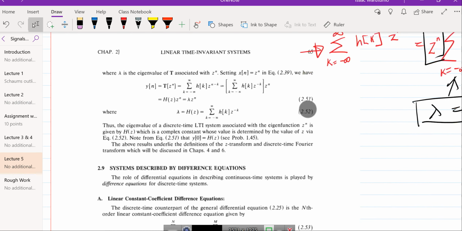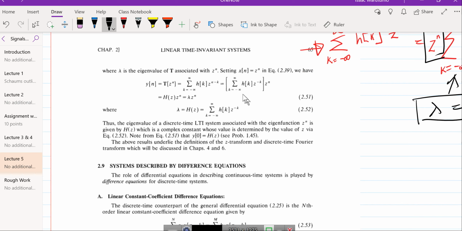From that point, we can express this as our lambda and z^n as our initial function. And as you can see, lambda is equal to H of z, and that is our eigenvalue, which is given by this term that we have just evaluated.